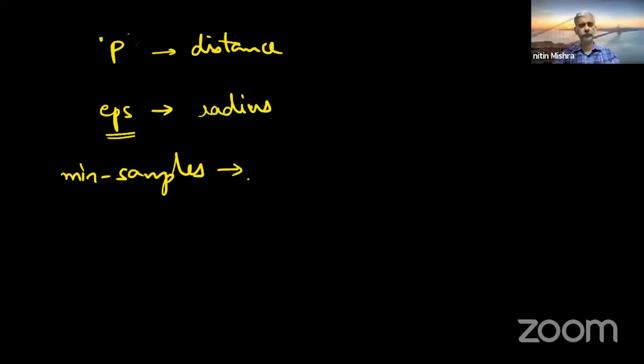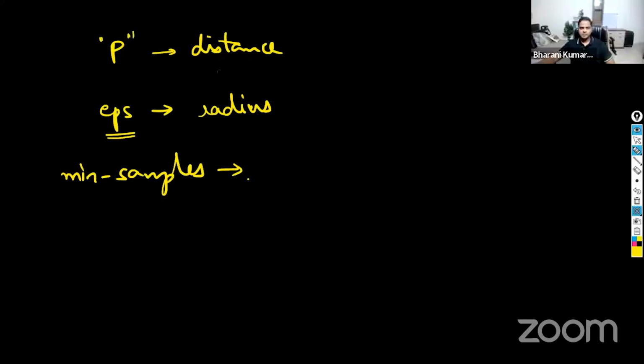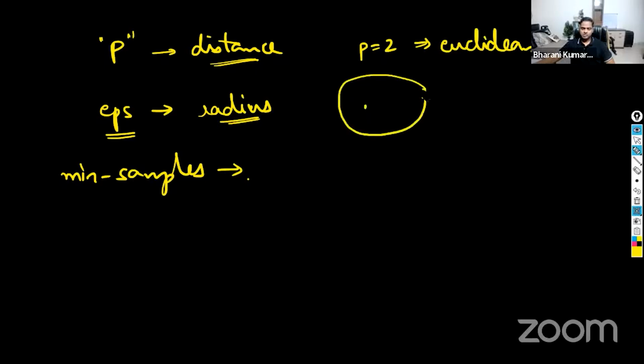There is a p-value, which is basically distance. If you say p equal to 2, that means it is Euclidean distance. EPS is more or less the radius from one point to another, the distance.